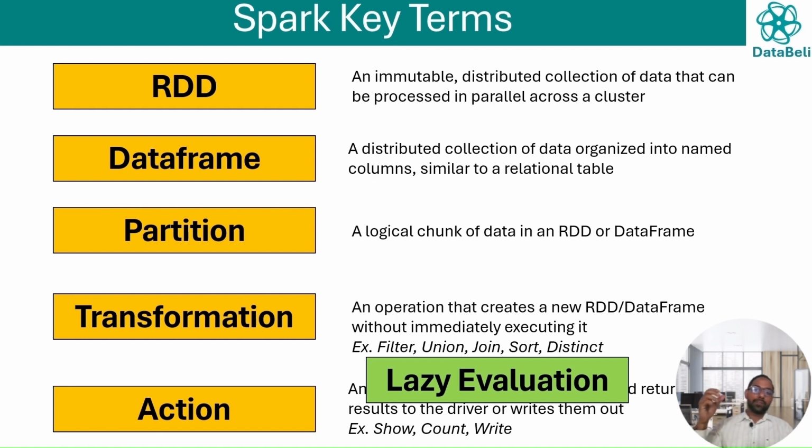Because whenever we are telling the final action, then Spark will be able to decide what exactly the job requires, and depending on the final output, it may skip some of the operations, or it may read the entire table, or it may read only one column. So all those things it decides when the final action is required, and that is why Spark is called lazy, and this concept is called lazy evaluation.